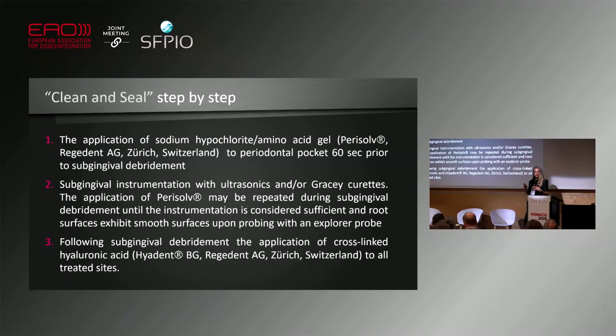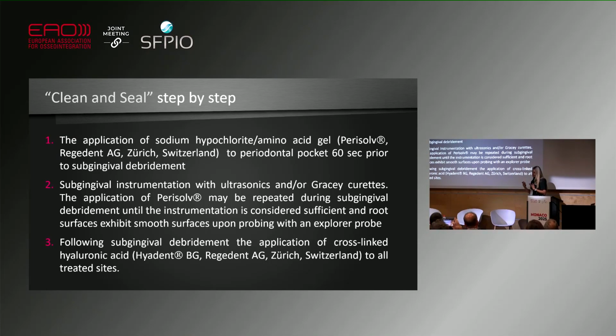If we have a pocket which we aim to instrument, we prepare the sodium hypochlorite amino acid gel and instill it into the pocket approximately 1 minute prior to instrumentation, and then we start subgingival instrumentation.